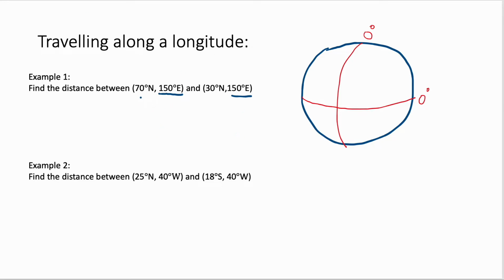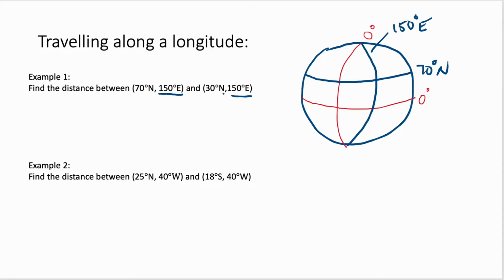So firstly, we've got 70 degrees north. So obviously that's above the equator. Let's just say it's somewhere up here. And 150 degrees east. So if we're east, we're to the right of the prime meridian. So I'll just do it this way and indicate that that's 150 degrees east.